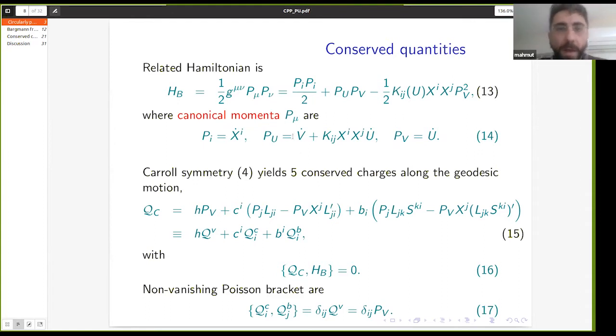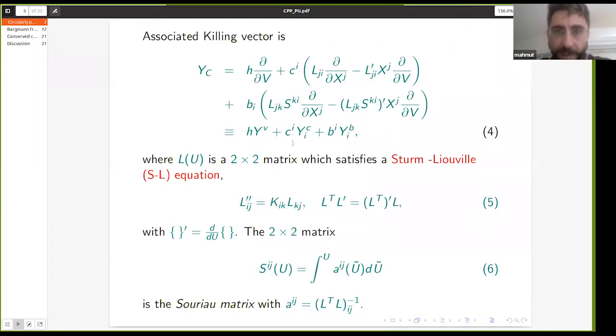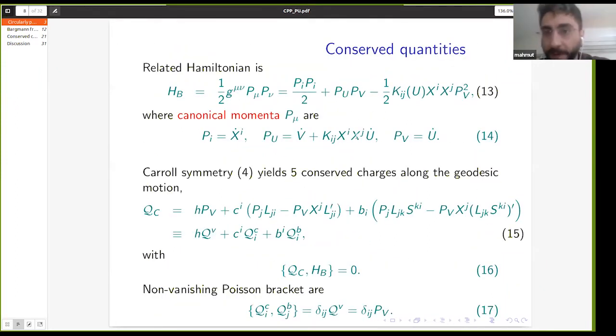Now, as I told you previously, you have symmetries. For each symmetry, you will have a conserved quantity for this spinless test particle moving in this background. And how do you get them?